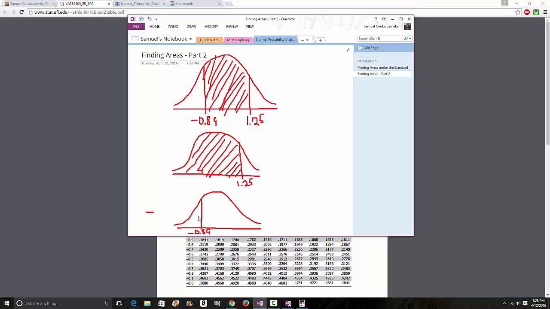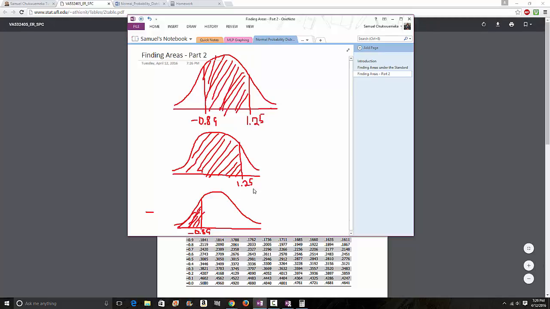This is the left shaded area they gave me. So this whole area minus this small area gives you this area. So with our table, we find the probability when Z is equal to 1.25, we keep it, then we subtract the probability when Z is negative 0.89. We subtract this probability from this probability to get this probability, or the area. Some of you will say, hey, they asked area, why are you saying probability? It is the same thing. We subtract this area from this area to get this area.